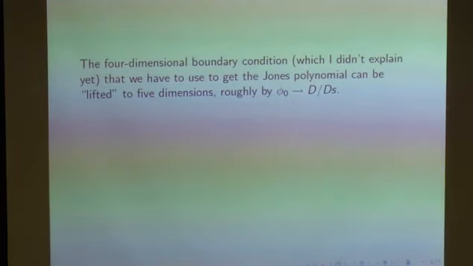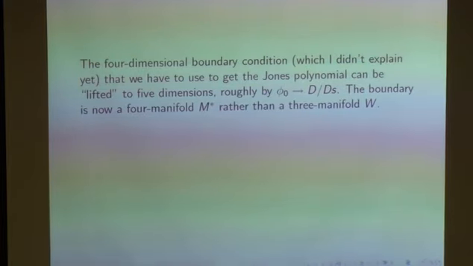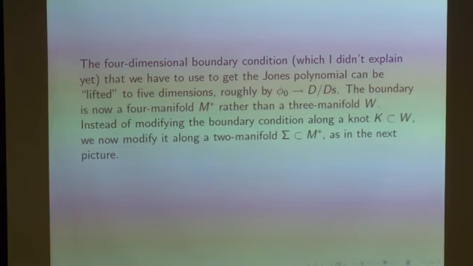Now, I didn't yet explain the four-dimensional boundary condition, but it can be categorified. What that means is that the five-dimensional equation has a boundary condition which, if you take the fields to be independent of s, reduces to the four-dimensional boundary condition. The boundary is now a four-manifold M star rather than a three-manifold W. And the categorification of the knot becomes a two-manifold.